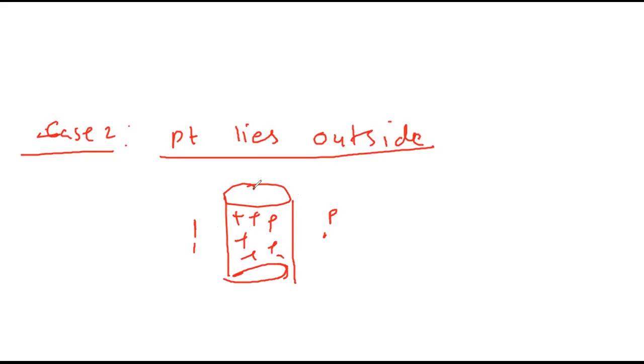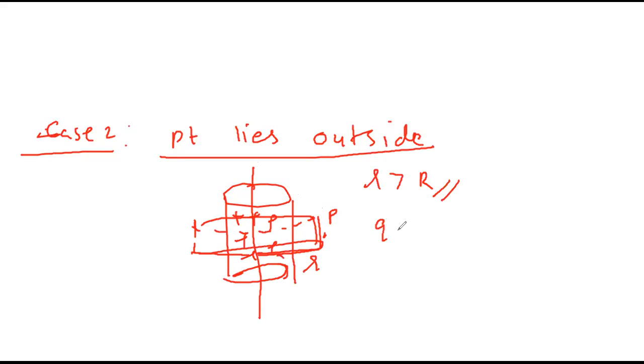So if we enclose it by a Gaussian surface of radius small r greater than capital R. Now we can say charge inside upon epsilon naught. See, this surface will be 0, this surface will be 0, curved surface E into 2 pi r L directly there. Q inside is nothing but rho into volume.